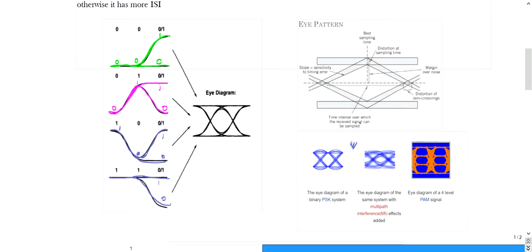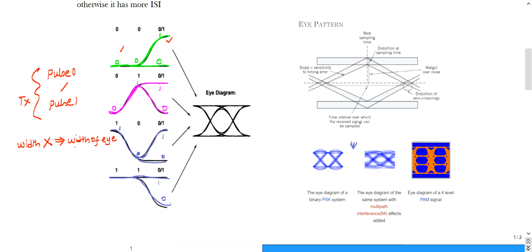Consider once again pulse 0 and pulse 1, the two input pulses which are transmitted in various combinations. If the width of the pulse got distorted, it directly affects the width of the eye.